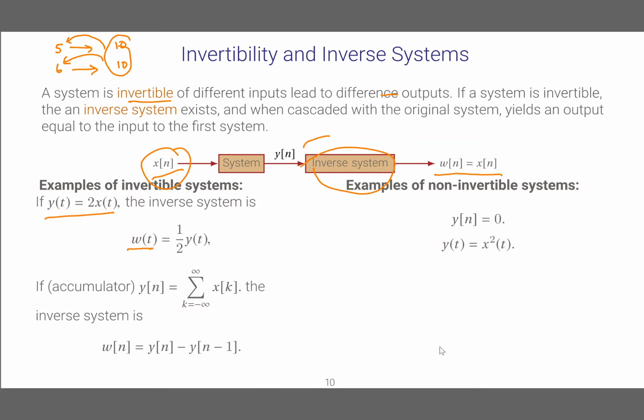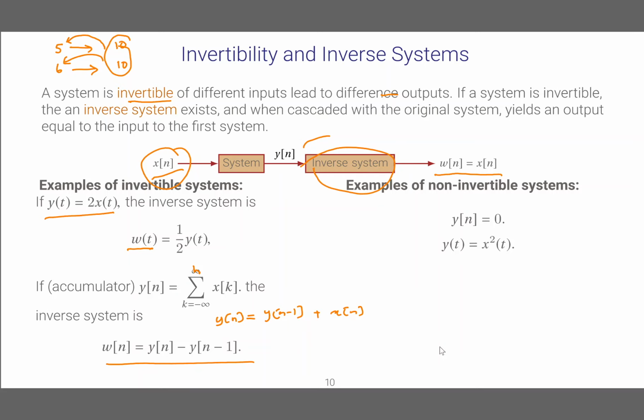Consider the accumulator y[n] equals the sum for k from minus infinity to n of x[k]. The inverse system: you know that y[n] from the previous slide is equal to y[n-1] plus x[n]. So therefore the inverse is w[n] is equal to y[n] minus y[n-1].